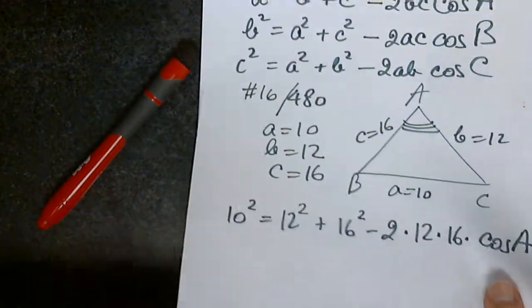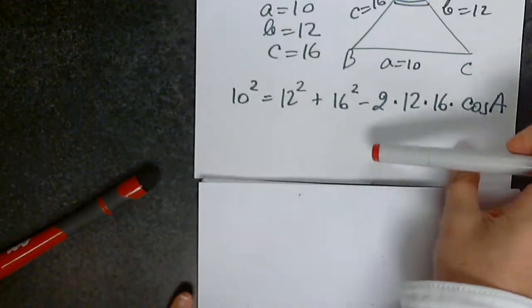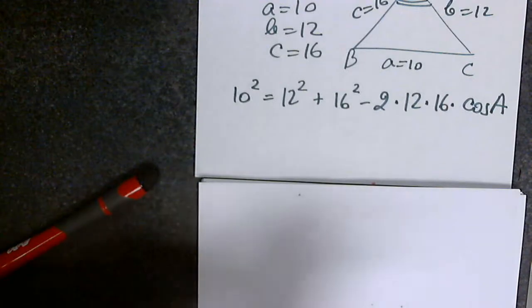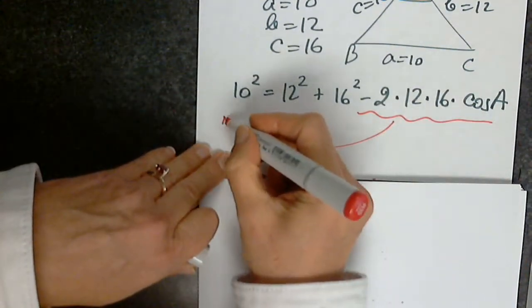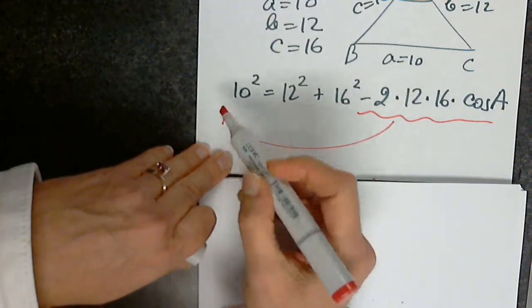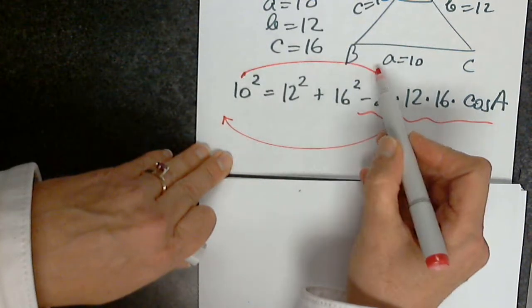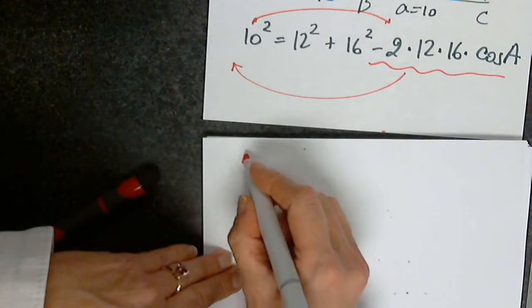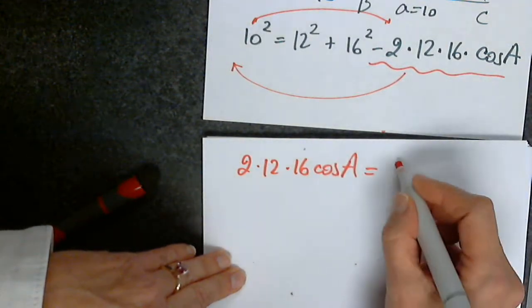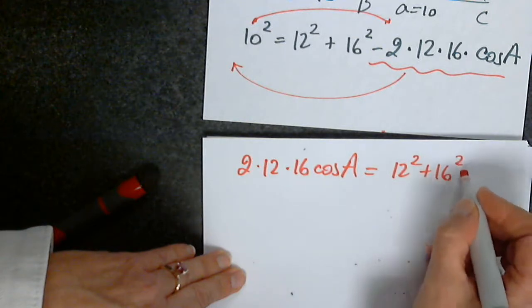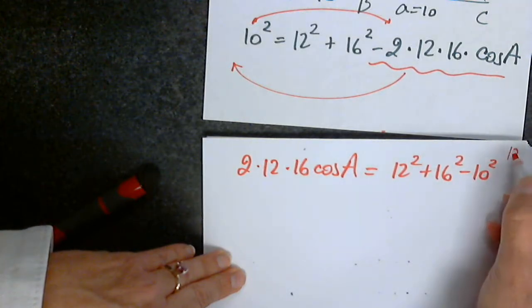I don't want to plug in the calculator anything till the very last step. I'm going to move this term to this side because it's negative and I wanted to make it positive. And I'm going to move this term to this side. So 2 times 12 times 16 times cosine A equals 12 squared plus 16 squared minus 10 squared.